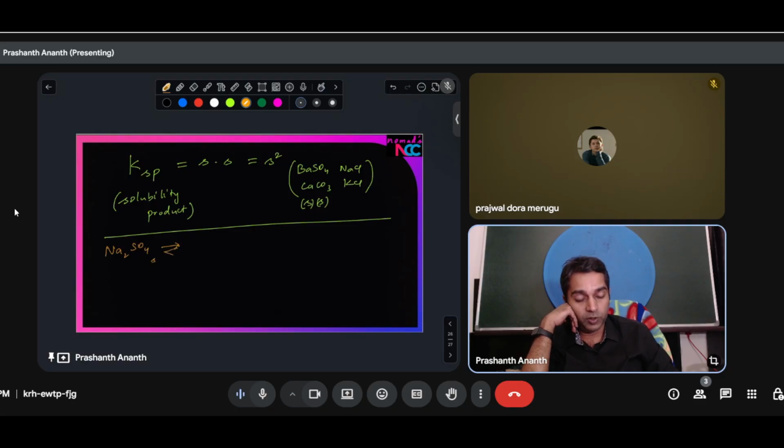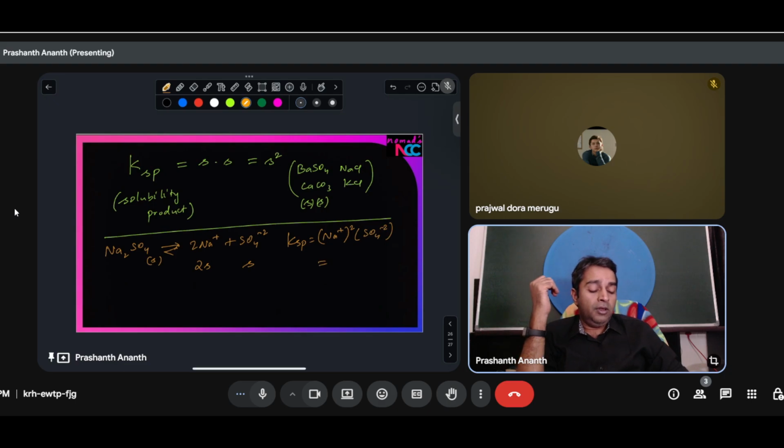It will be still in equilibrium with 2 Na plus SO4 2 minus ions. If S moles dissolved, that means 2S moles of Na plus are formed and S moles of sulfate ion are formed, meaning my KSP expression here works out as Na plus whole squared into sulfate. So it works out as 4S squared into S, which works out as 4S cubed in this particular case here.